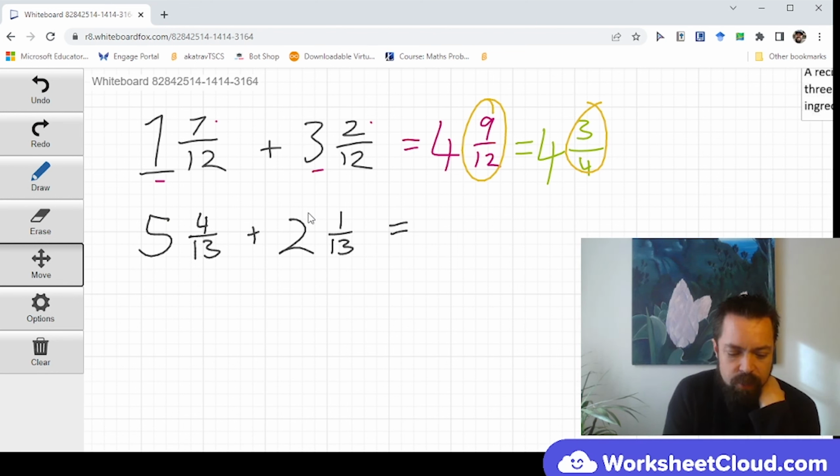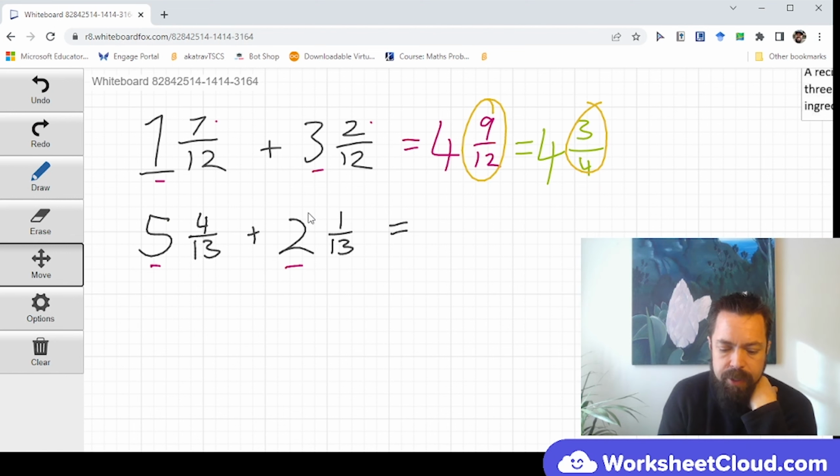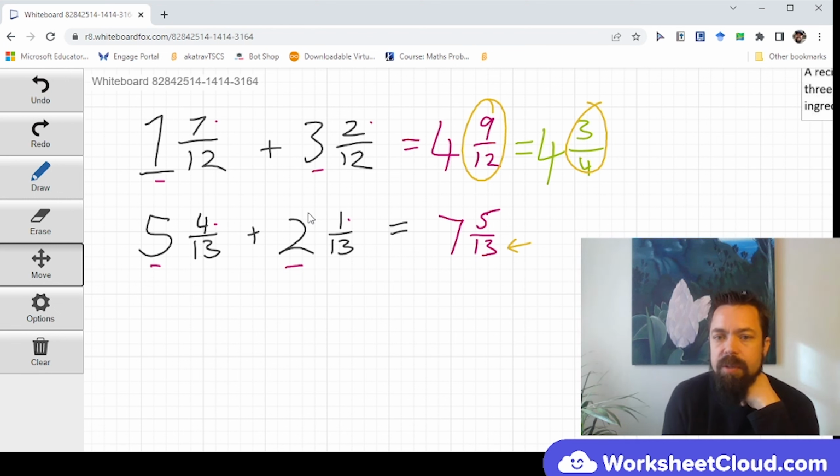We look first of all at our whole numbers. 5 plus 2 is 7. We know it's going to be over 13 because they're the same already. 1 plus 4 is 5. There's our answer. And that is already a simplified one, although I wouldn't have simplified it anyway. The trick to know is that you can know if it's a simplified number because the denominator is already a prime number. Just a little BTW.